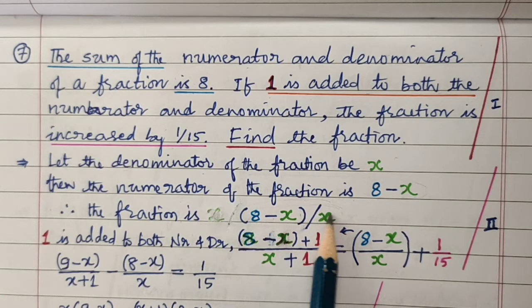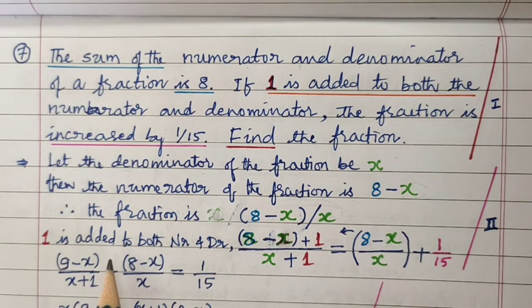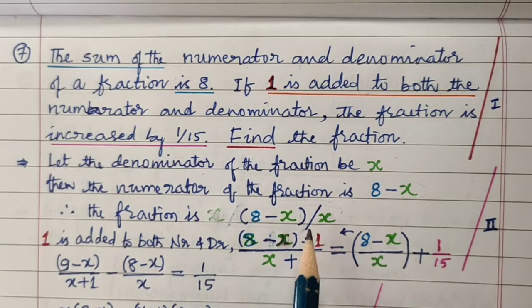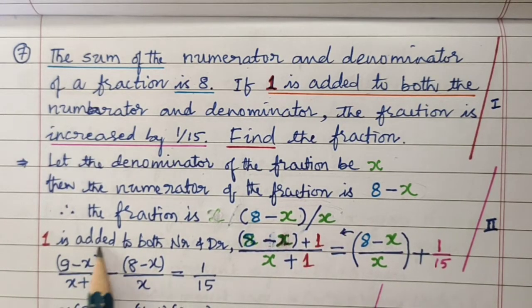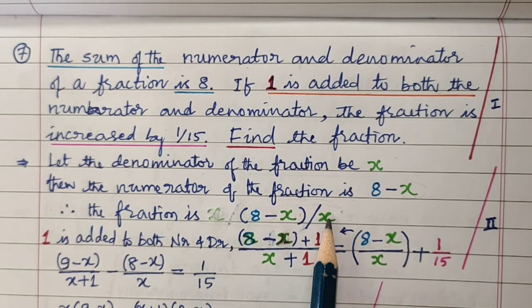So we have the fraction with variable x. Then the second condition is 1 is added to both numerator and denominator. For this fraction, we are going to add 1 to both numerator and denominator. 8 minus x plus 1 over x plus 1.